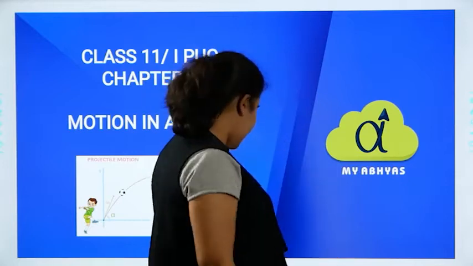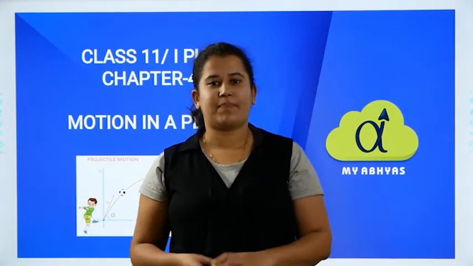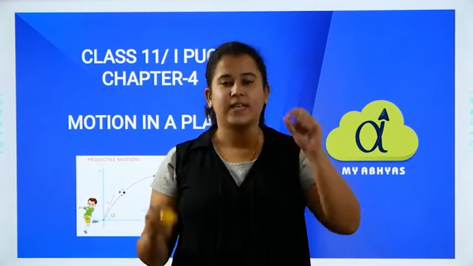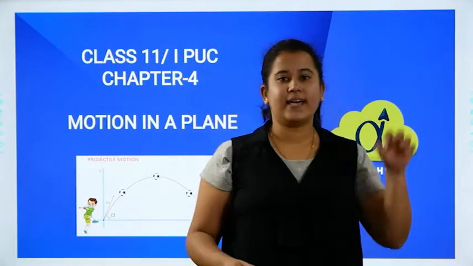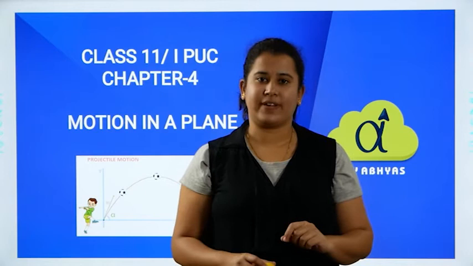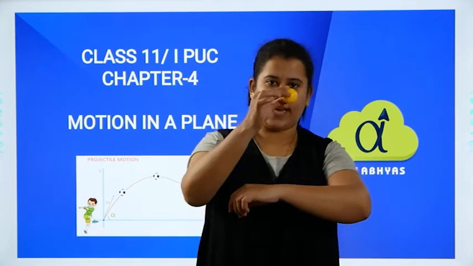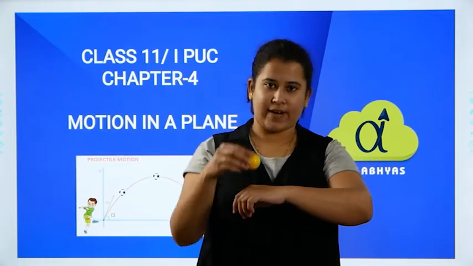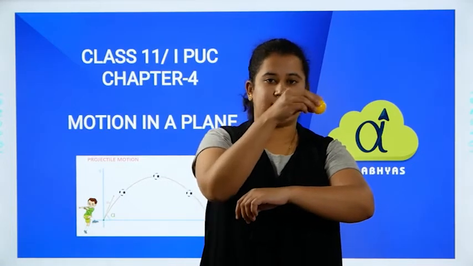But when you take motion in a plane, then what happens? When you throw a ball, the x coordinate is also varying because the ball is moving, and the y coordinate is also varying, right? For example, if I am throwing the ball like this, and this is the y coordinate and this is the x coordinate, then the ball is going in this manner.